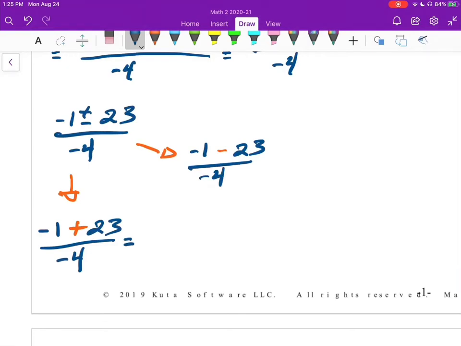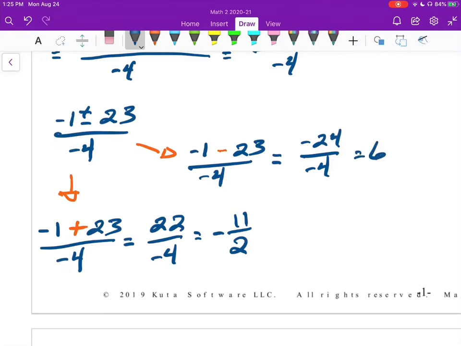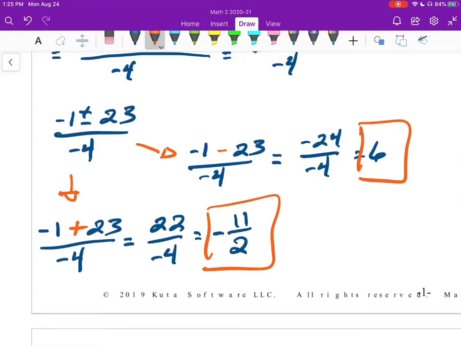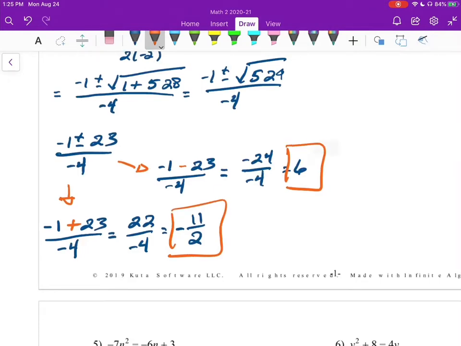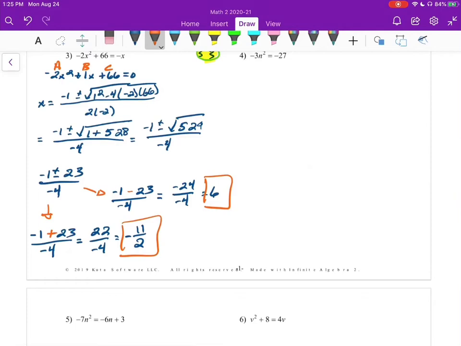So the one on the left, I got 22 over negative 4, which is the same thing as negative 11 over 2. And the other one, I get negative 24 over negative 4, which is 6. So I have actual numbers as my final answer this time. And we have two answers because normally they're held up in that plus or minus. We always have two answers. This time we're able to actually see both answers.